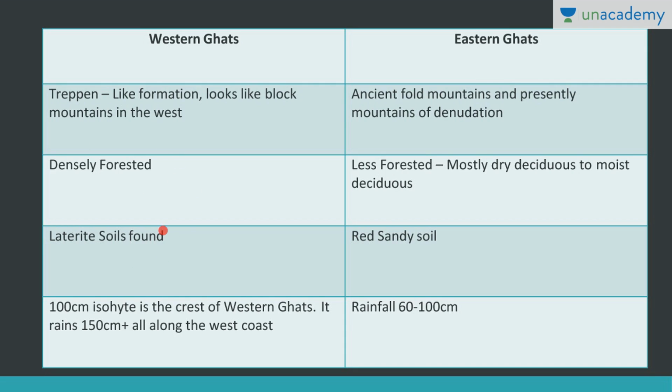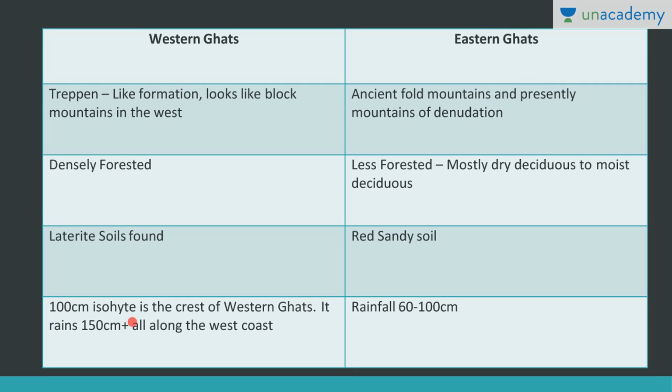Now here laterite soils are found because the rainfall is very high, and on the contrary in Eastern Ghats generally red sandy soil is found, right? Now as I told you, the rainfall in Western Ghats is more than 150 centimeters, and at times more than 250 centimeters, especially along the western part of the Western Ghats, right?